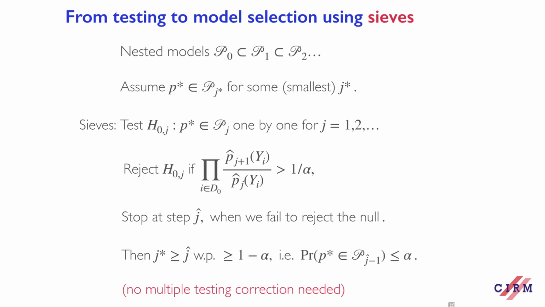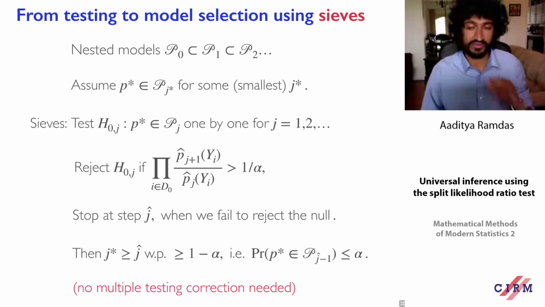Okay, we don't just have to stop with testing. We can go from testing to model selection using sieves. So now assume that you have a nested model, P0 subset of P1 subset of P2 and so on, and that P star, the true underlying distribution, is in Pj star for some smallest index J star.